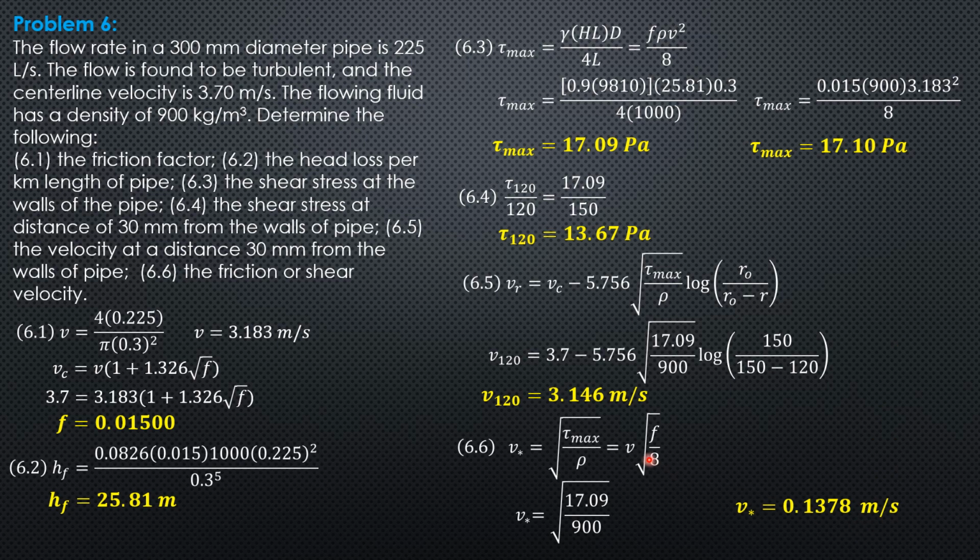If you check the other formula, it is 3.183 times square root of 0.015 over 8, and the answer is the same, 0.1378 meters per second. So I provided you with two formulas so that at least you can recall one of them.